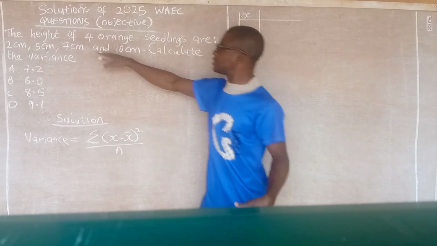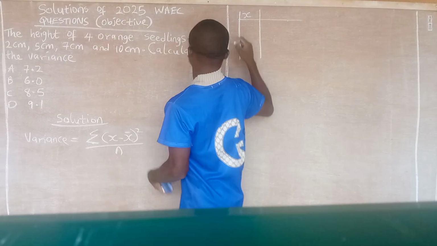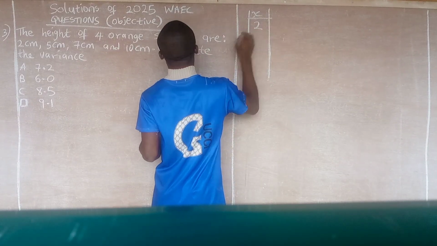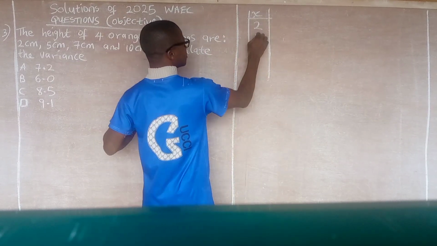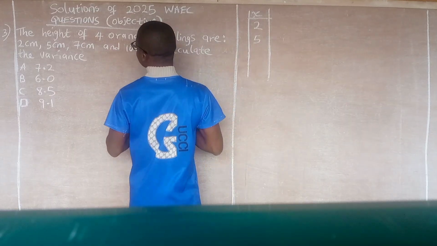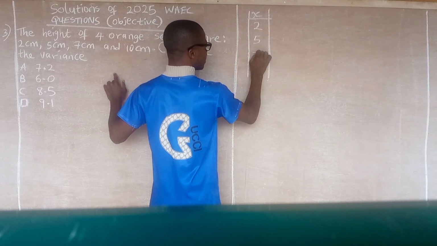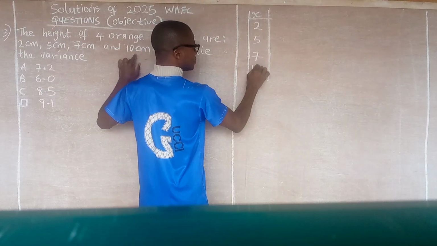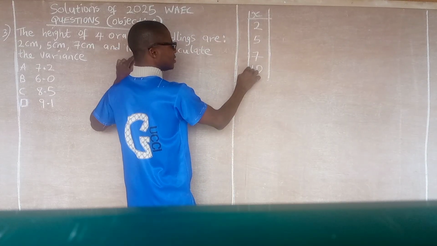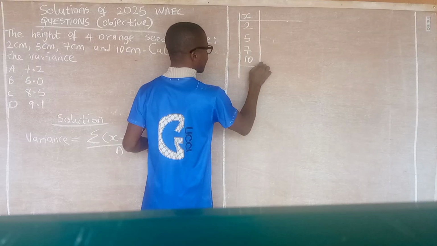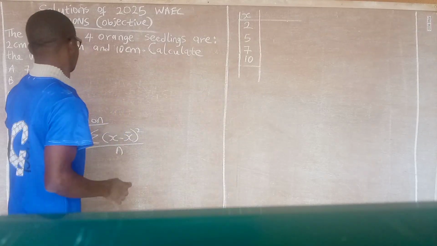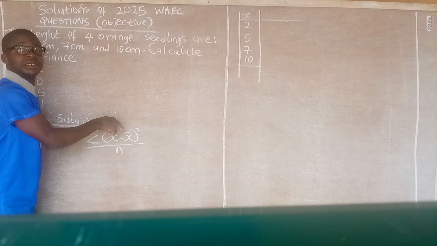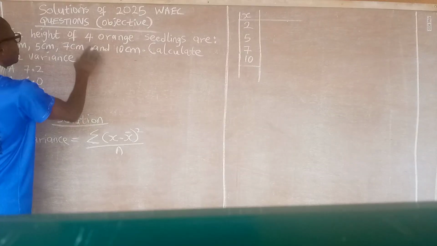x represents the data. The first datum is 2, second datum is 5, third datum is 7, and the fourth datum, which is the last datum, is 10. Now this x bar means the mean of the data.